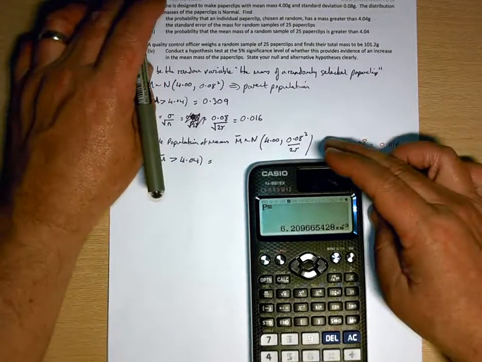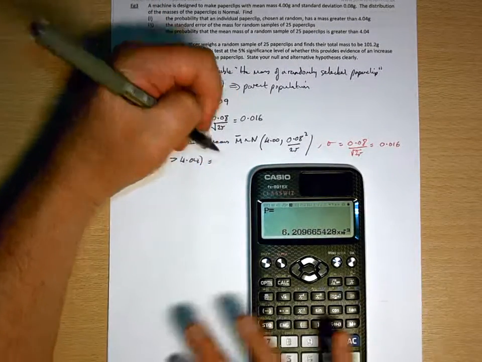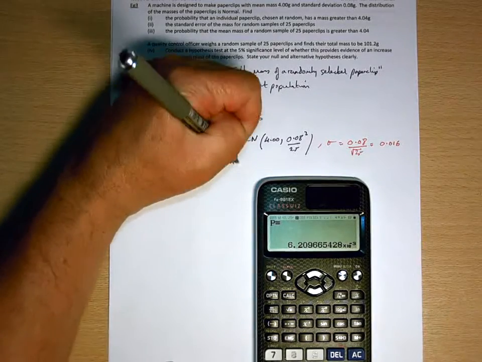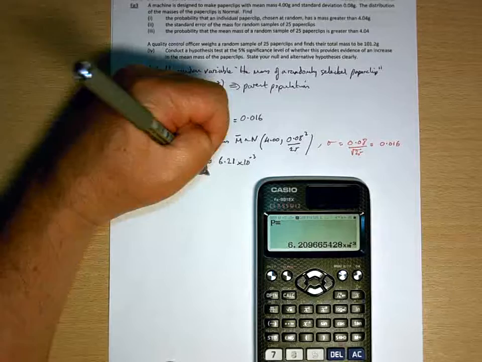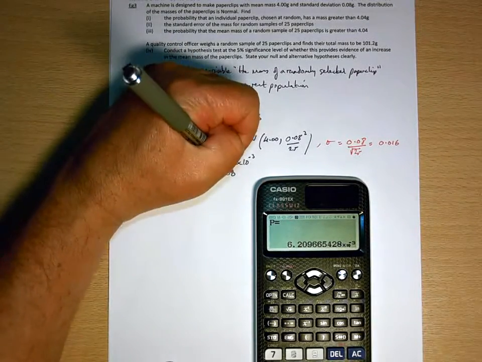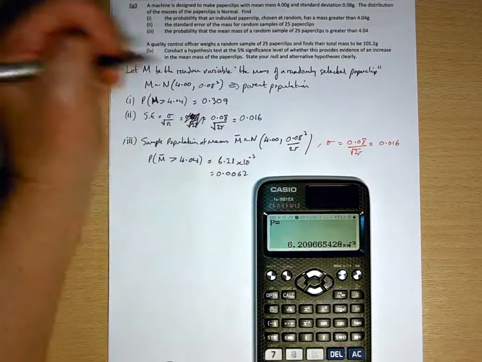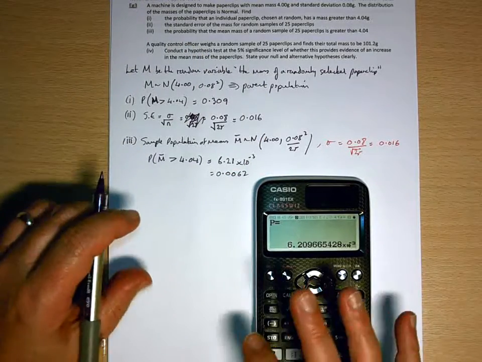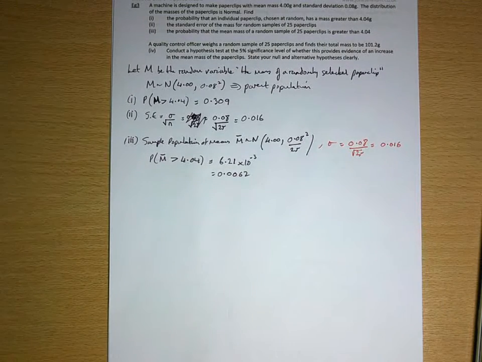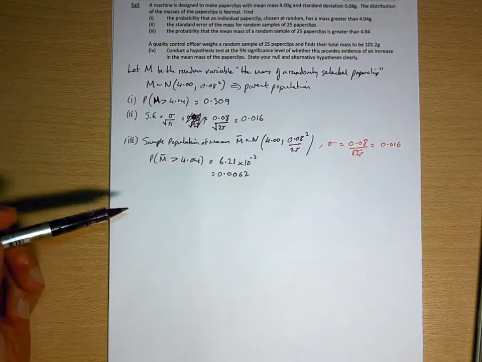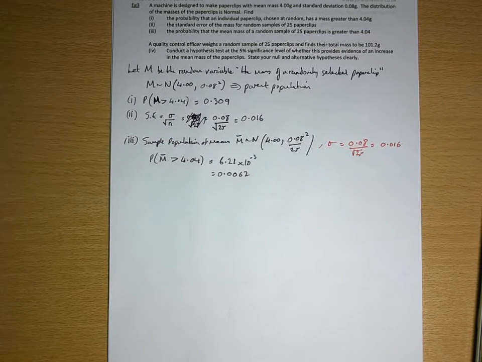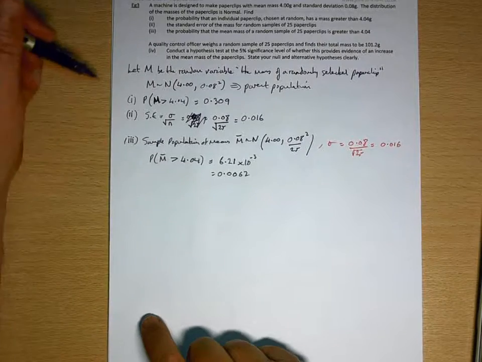So the probability that the mean is going to be greater than 4.04 is 6.21 times 10 to the minus 3, which is 0.0062. So no hypothesis testing there. The only thing that's extending that from the normal distribution work we've been doing previously is that we bring in this sample population of means.